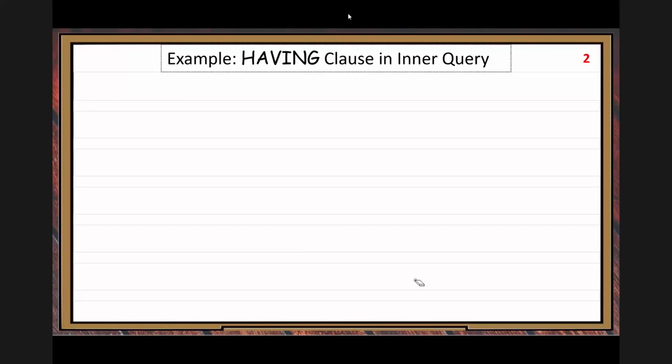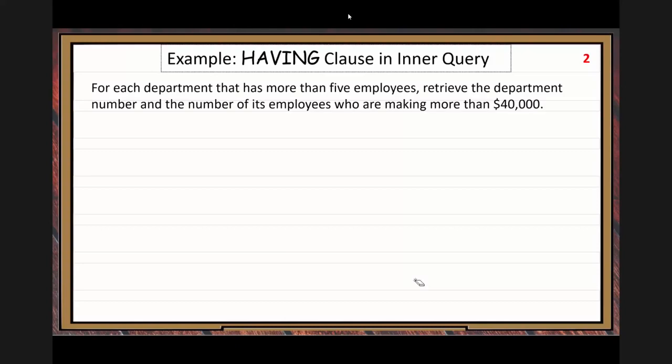Okay? So here we do a nested query question. For each department that has more than 5 employees, here you can see this condition and grouping part follow the typical pattern for the HAVING clause, right? We use department to define subgroups.